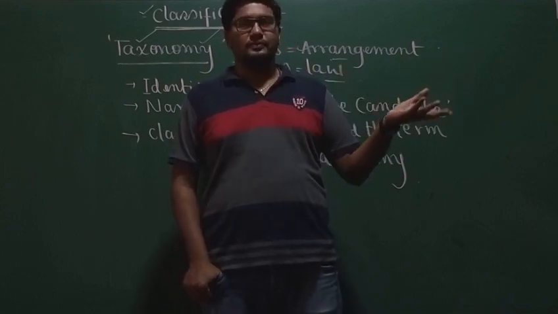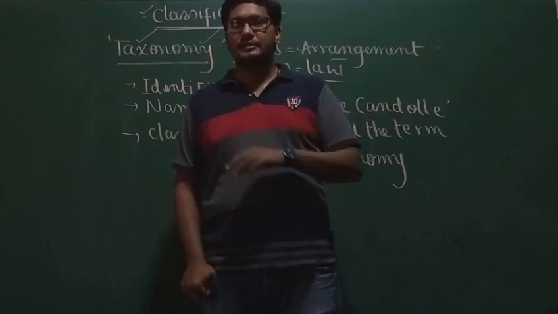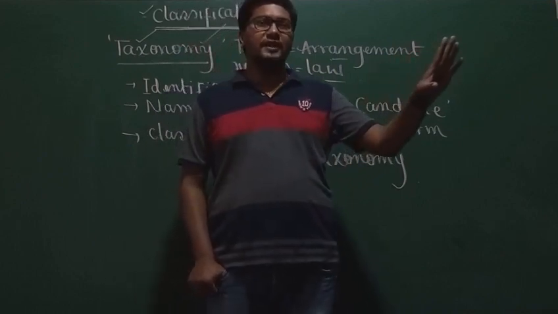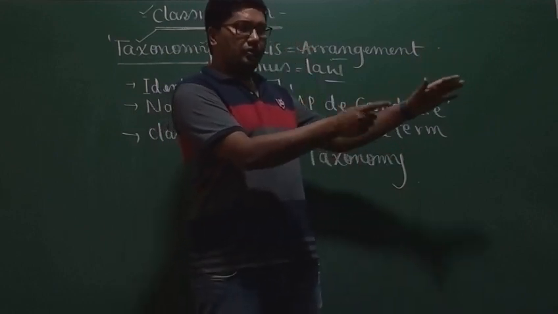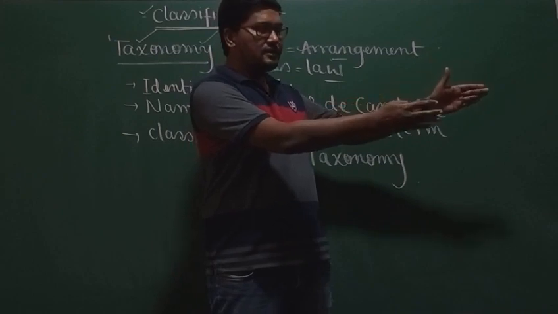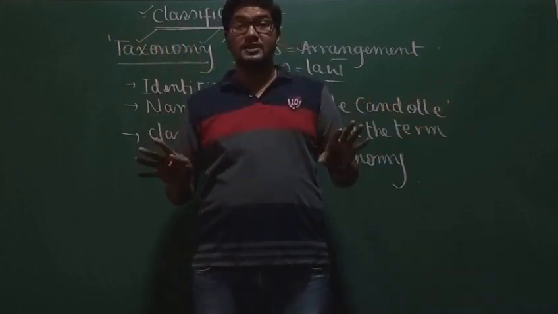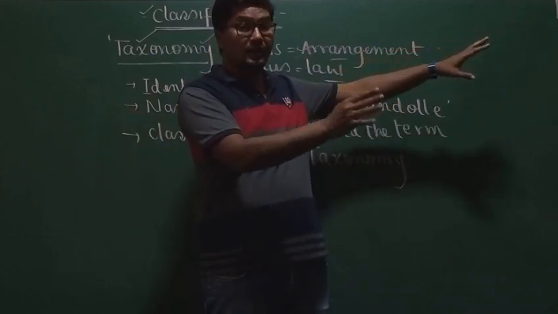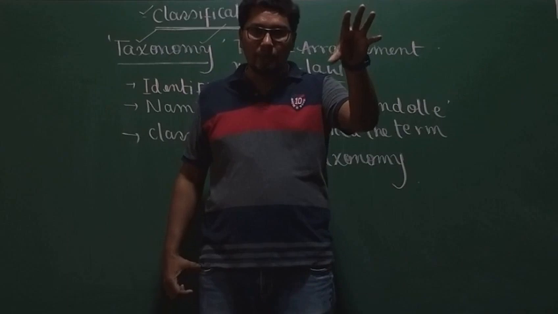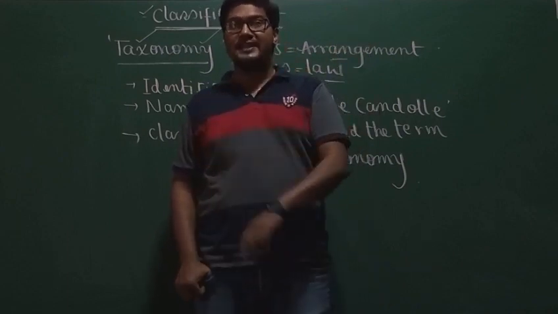If you are going to a provision store and you ask the person, give me half a kg of sugar, the shopkeeper directly goes to the bag where sugar is present, takes the sugar, weighs it and gives it to you. The shopkeeper does not search his entire shop, because even in that simple provision store, the shopkeeper follows a system of classification.